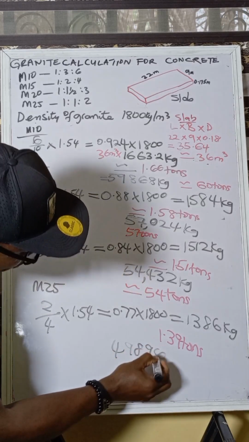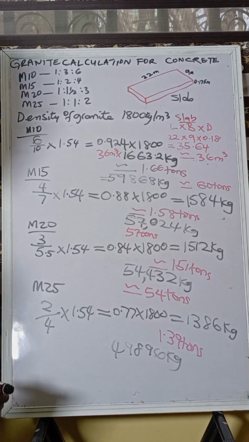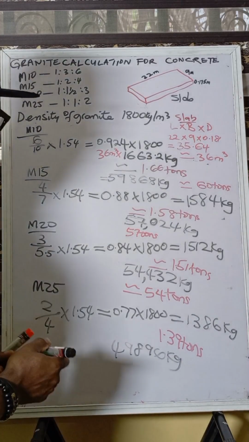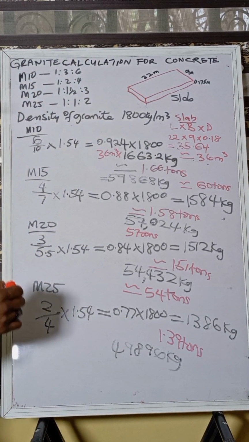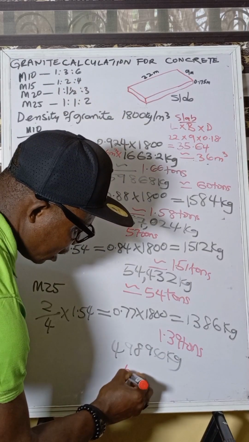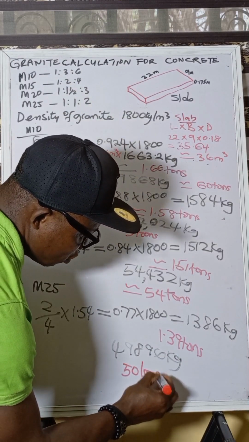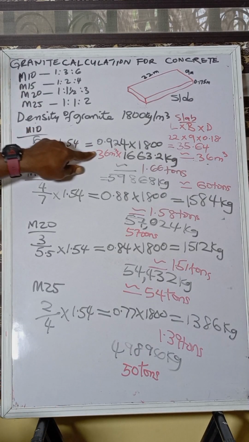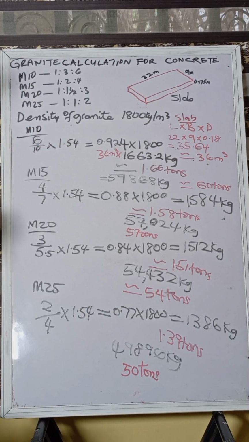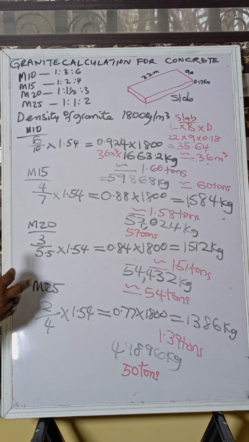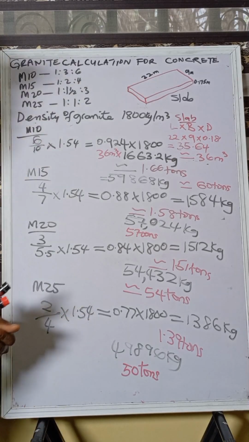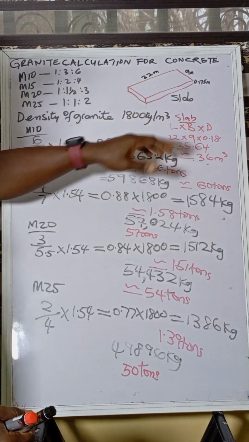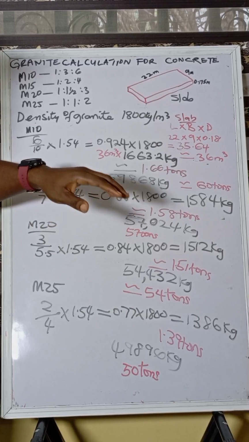Now we are going to calculate the volume of granite. When you order your granite, it is always brought to site in a truck like this. So we are going to calculate how to determine the quantities of granite that's brought to our site. When we were calculating for sand, we already calculated it.